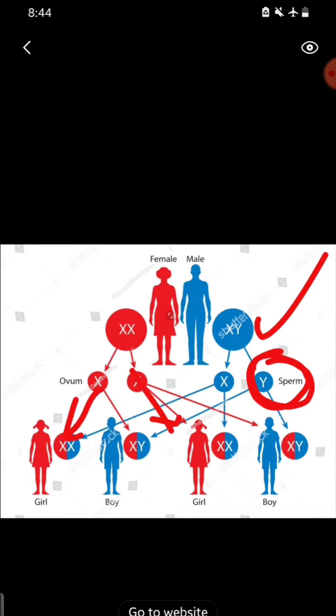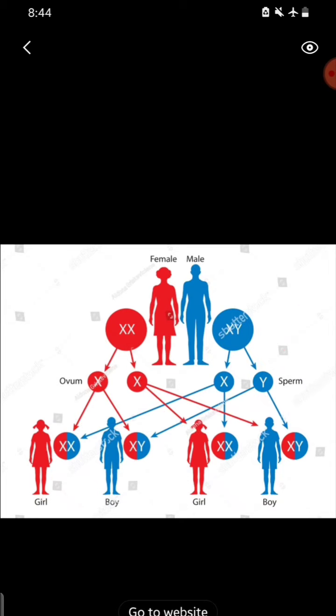So any ovum will have the X type chromosome. But in males, whether it will be X or Y will decide whether it is a girl or boy. So that is the reason males are the deciding factors. That time I explained in a hurry without a diagram, so you might not have understood, but I hope here you understood how the sex is determined by the male.